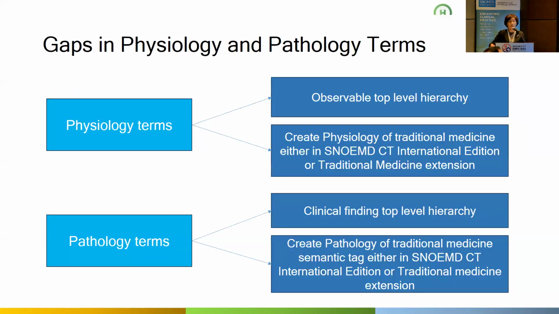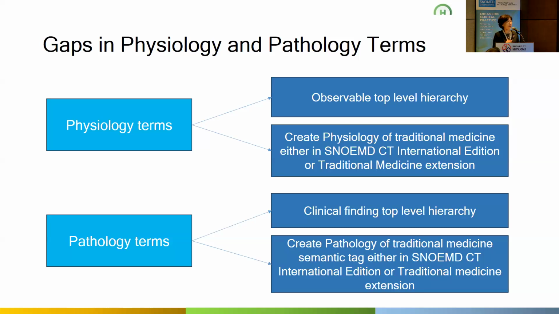So I think Dr. So will talk more about the mapping that they did to SNOMED CT. But these are, as a terminologist, the gaps that I identified during the mapping. So how are we going to solve this issue or fill the gaps? So there is a physiologic term.